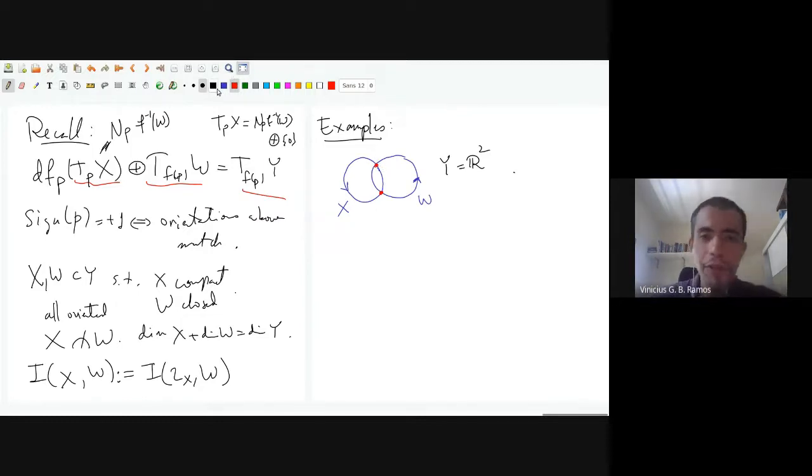So now what we have to do is see if each of these intersection points has a positive sign or a negative sign. Okay? So how do you see that?